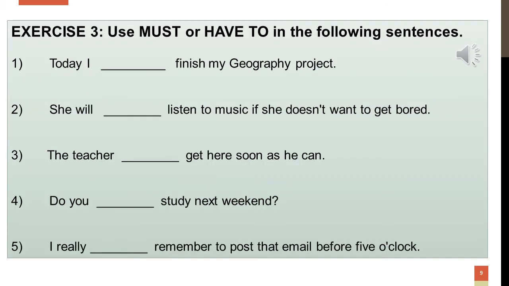Exercise number 3. Use must or have to in the following sentences. Today, I must or have to finish my geography project. Number 2. She will must or have to listen to music if she doesn't want to get bored. Number 3. The teacher must or have to get here as soon as he can.